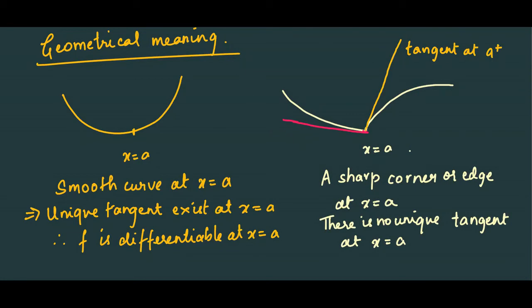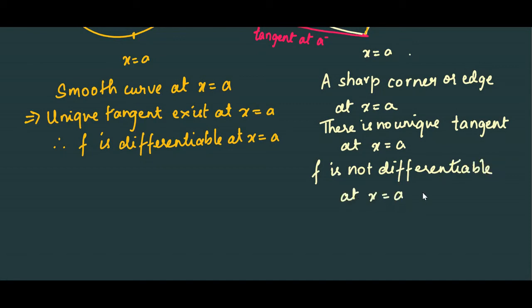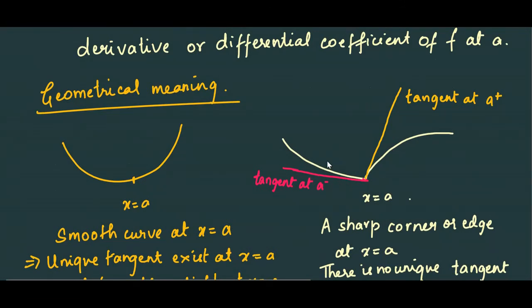This is the tangent at A minus. The sharp corner or edge. So whenever there are sharp corners or abrupt change in slope, then the function will not be differentiable at x equal to A.